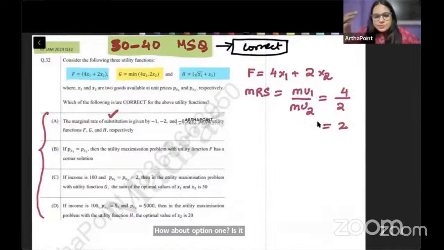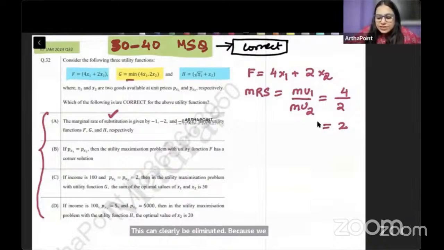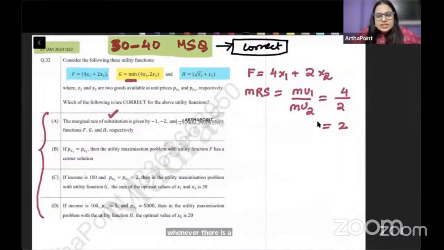So, if we look at option 1, this can clearly be eliminated because we know that whenever there is a min function, that means that these are complementary goods.